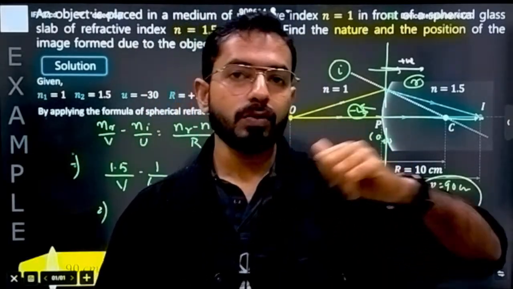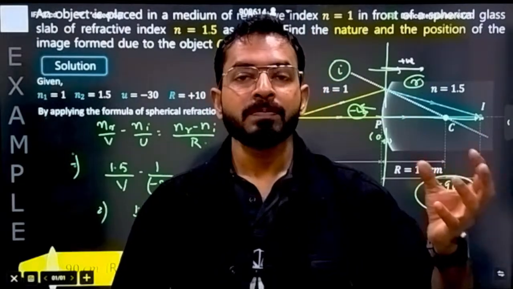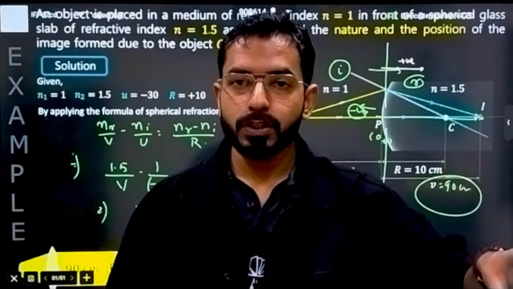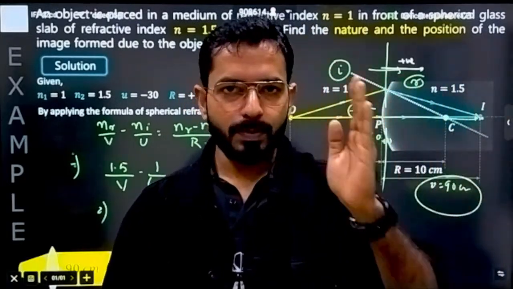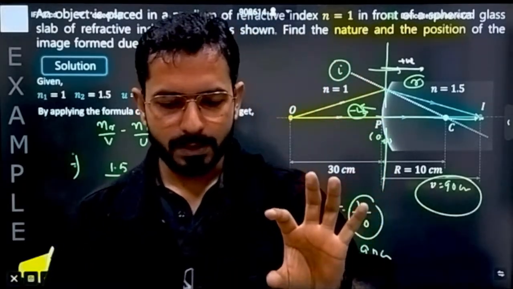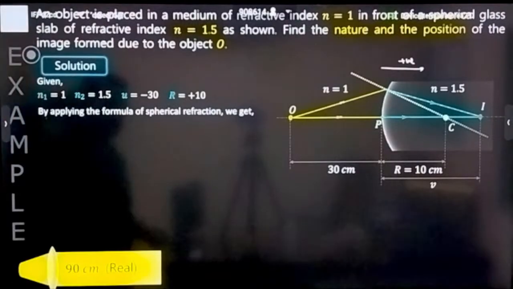That means it travels to the other side of whatever surface we have taken. So if there is a real object, for a real image, the image should be on the other side. That means if the image is forming on the same side, it is a real object, virtual image. I hope that this is clear to you. Correct? Very good.